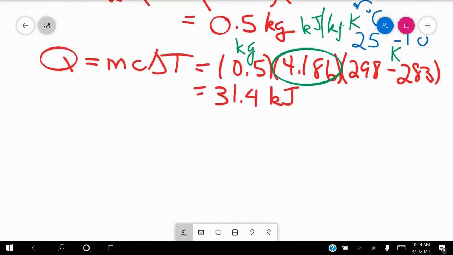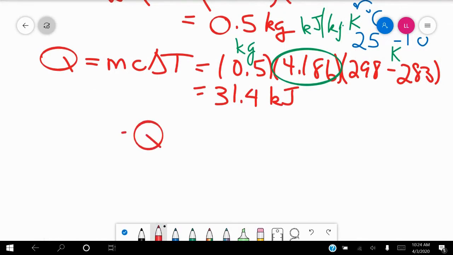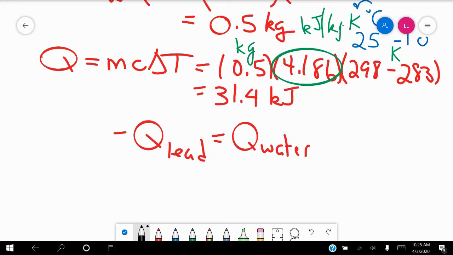Now that we have this, we can use our statement of calorimetry, and that states that the heat lost by the lead was the heat gained by the water. That's the big statement of calorimetry, that the heat lost by one substance is the heat gained by the other.